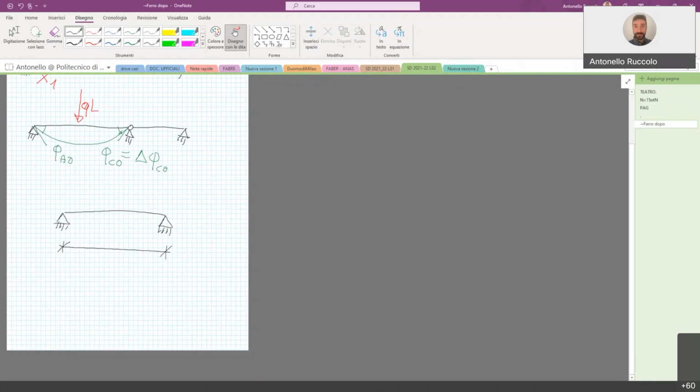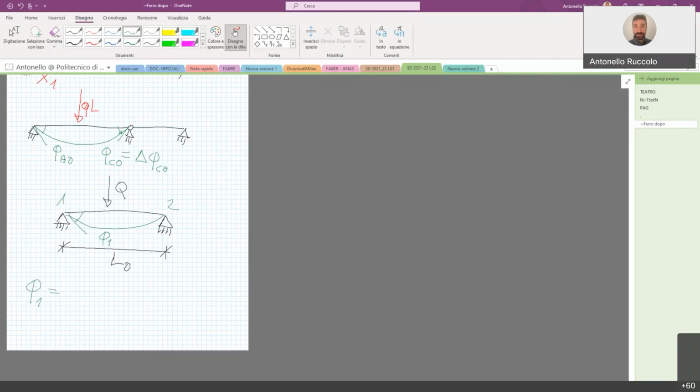We can also send them by mail to you, some specific ones, associated to generic load conditions. In this case, if we have a generic load Q applied on a beam with length L, we can find the rotation associated to each of the nodes, in this case a generic node 1 and a generic node 2.